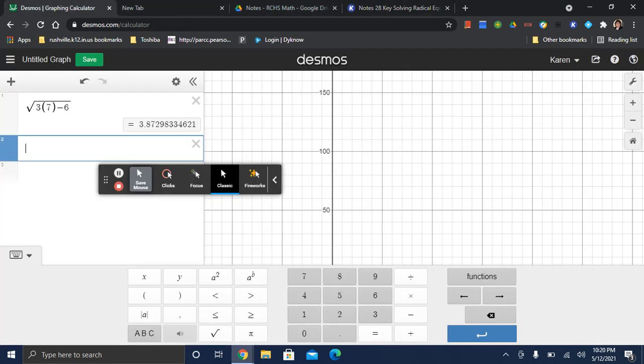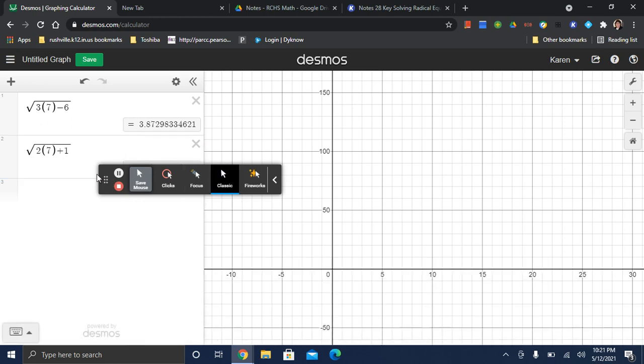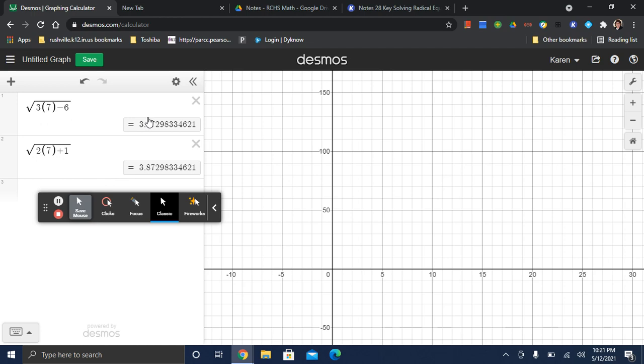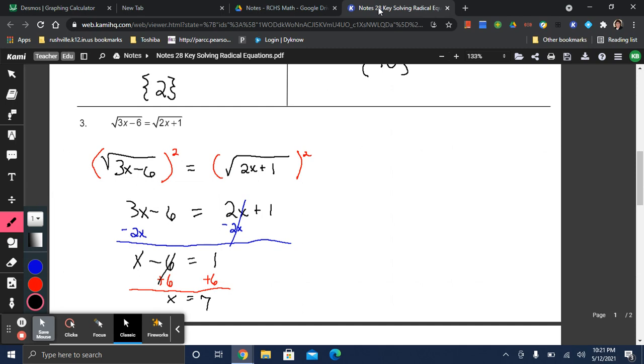So I'm going to get a new calculation area here and do the square root of 2 times 7 and then plus 1. And if I move this out of the way, we get the exact same decimal, so we do get a check. Our answer does work, so we want to put that in a solution set. So the answer turns out to be 7.